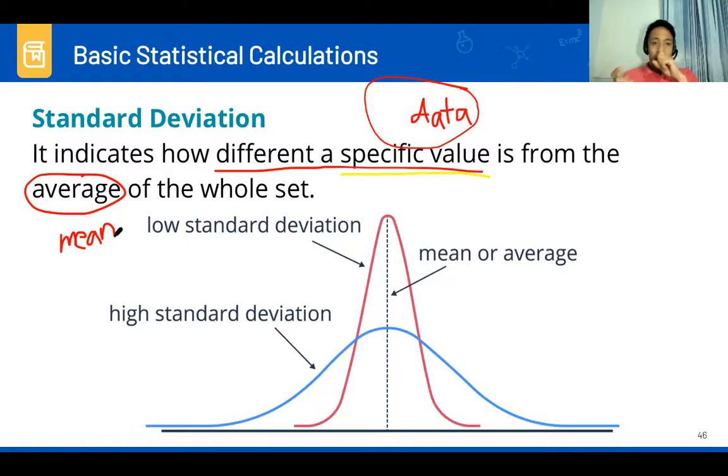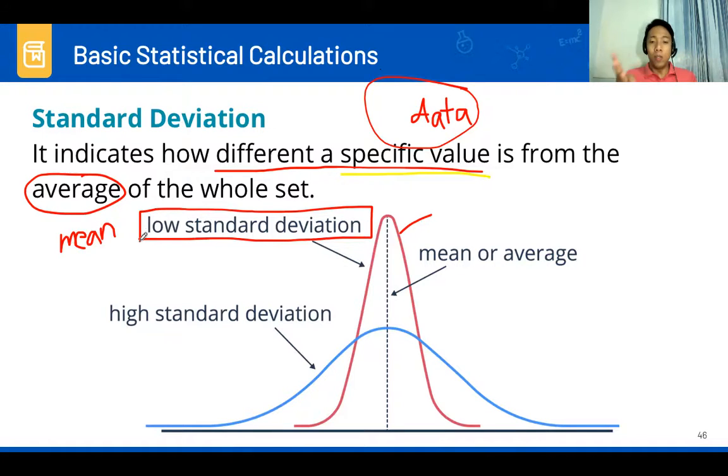Okay? So there is an illustration here. This red one, sabi dito isa siyang low standard deviation. Bakit sinabing low? Kapag sinabing low, hindi ibig sabihin mali yung data mo. Okay? This will just help you to explain how the data are near to each other.